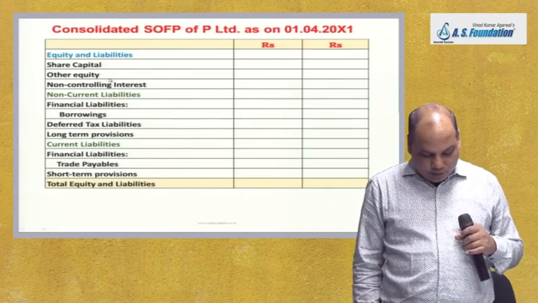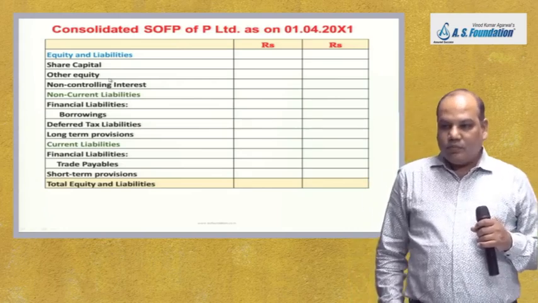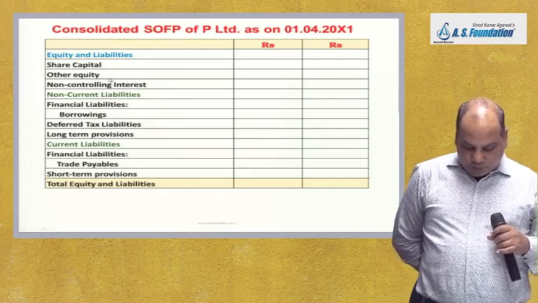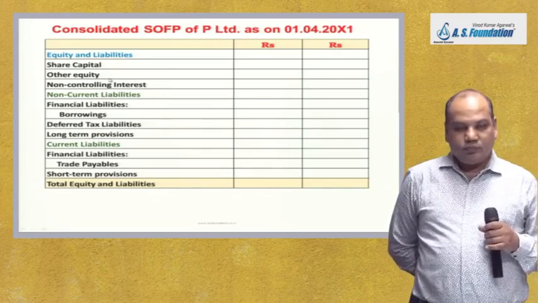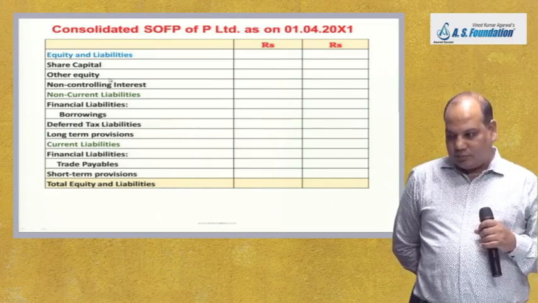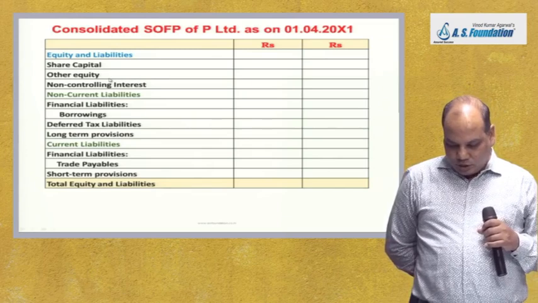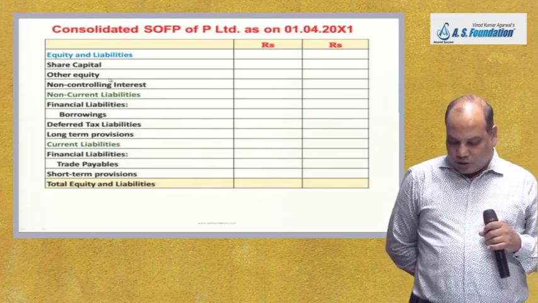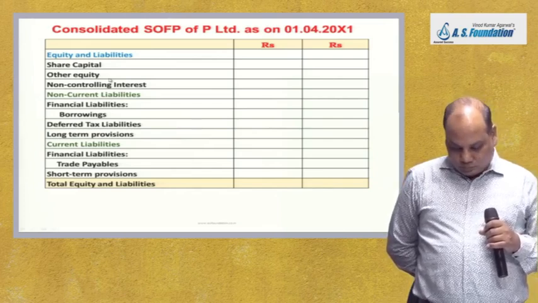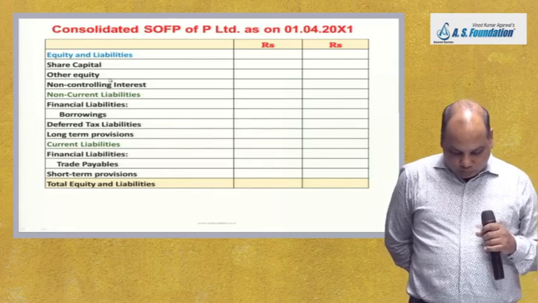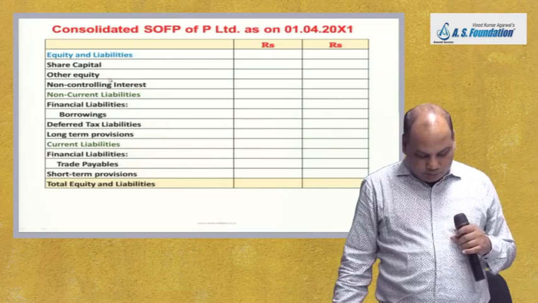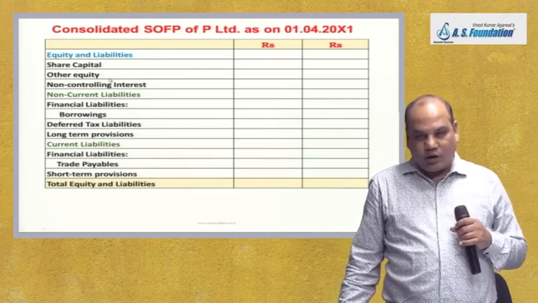One line blank, current liabilities, then write financial liabilities, then write trade payable, then write short-term provision, and after that write down total equity and liabilities.